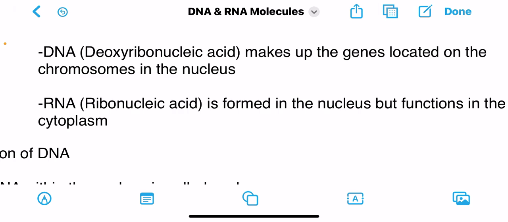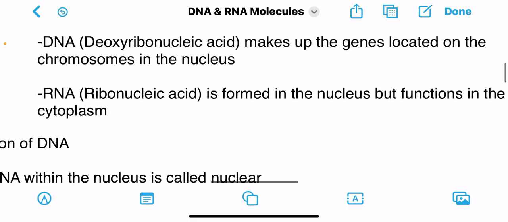Inside the nucleus. Now we have RNA. What is RNA? Ribonucleic acid, which is formed in the nucleus but functions in the cytoplasm. You are going to understand this further when we get into protein synthesis. But right now we're just going to focus on the molecules, not on how they function and what they do.